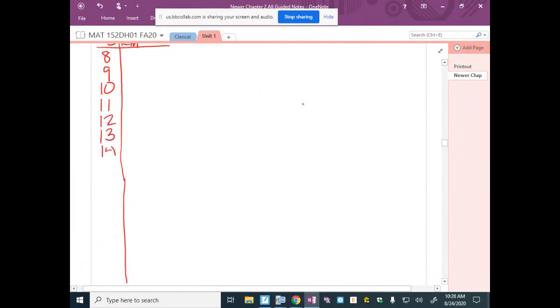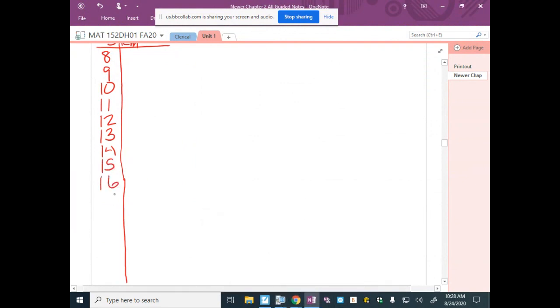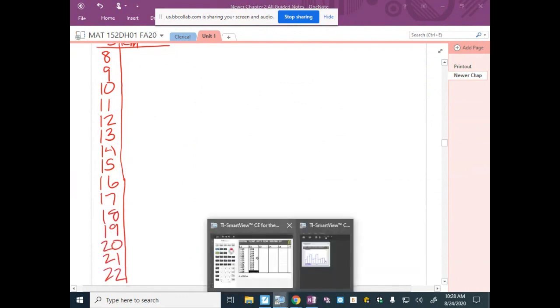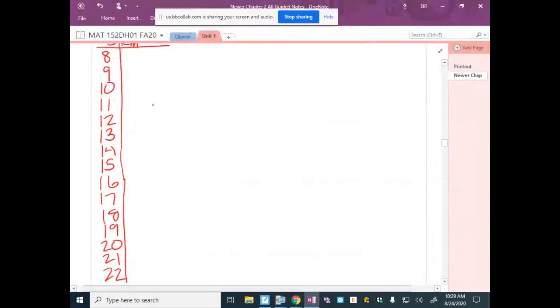Now, here's the other thing. Even if there might be no numbers in the 160 range, you never want to skip any stems. So we have 1 and 8. 8|1 is 81.